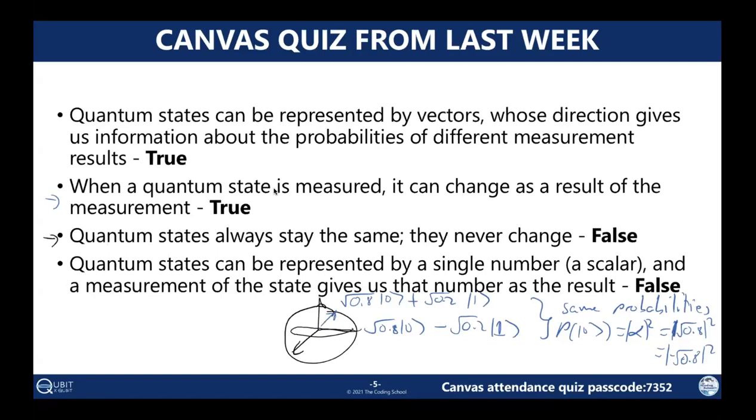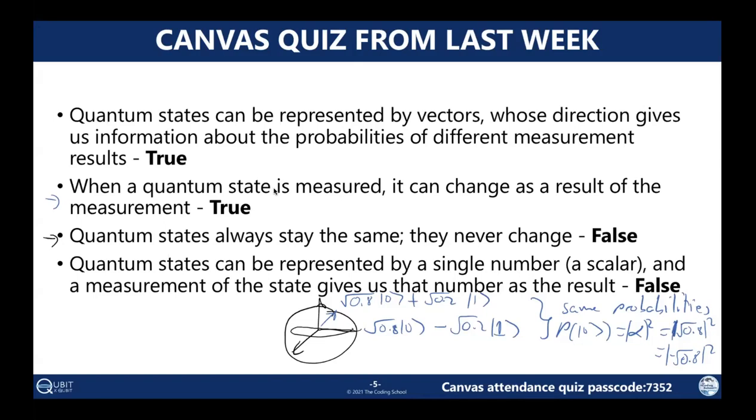The third statement was that quantum states always stay the same and they never change. This is false. Hopefully, because we are working on quantum computation, we're applying gates to our quantum states. You are pretty familiar at this point that we can manipulate our quantum states pretty selectively and pretty well.